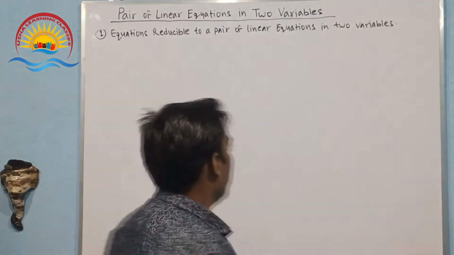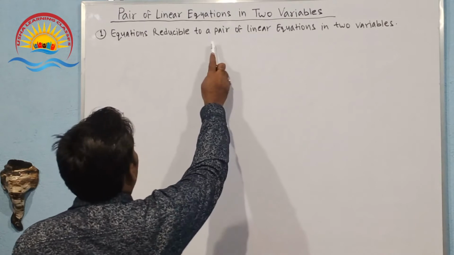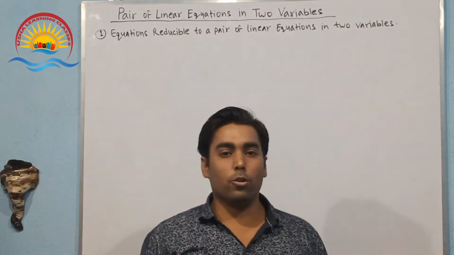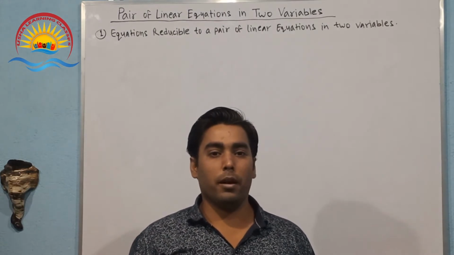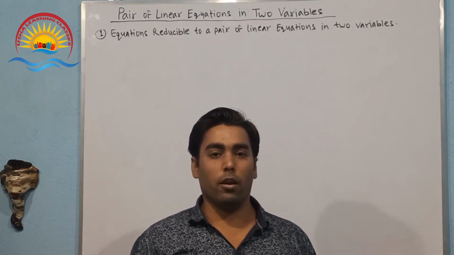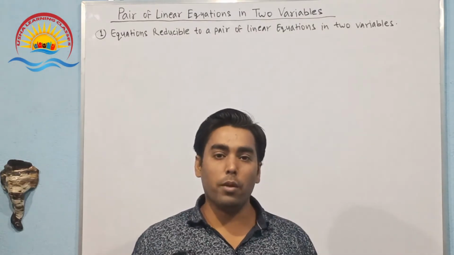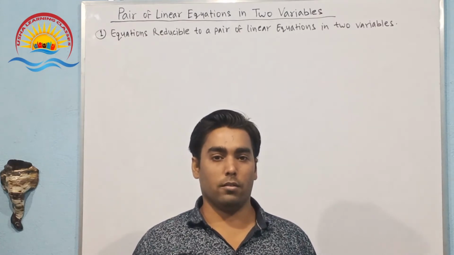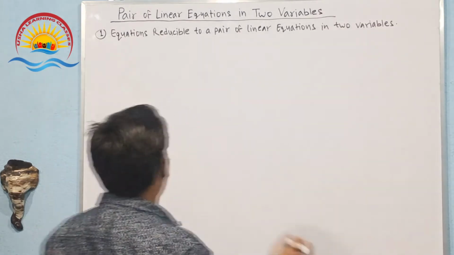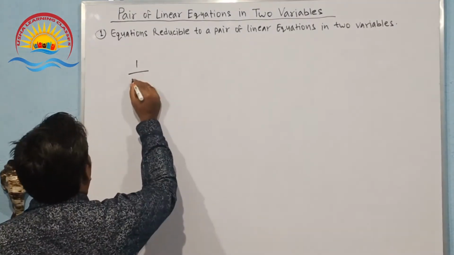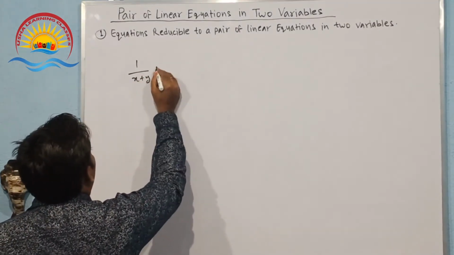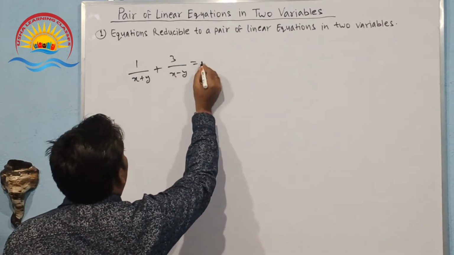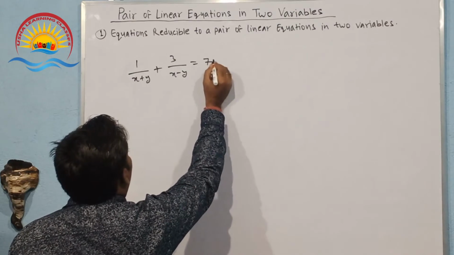Come to our first topic. Equations reducible to a pair of linear equations in two variables. There are several situations which can be mathematically represented by two equations which are not linear to start with, but we alter them to reduce them to a pair of linear equations. For example, 1 by x plus y plus 3 by x minus y equal to 7.